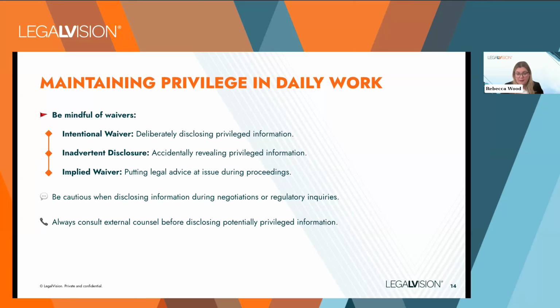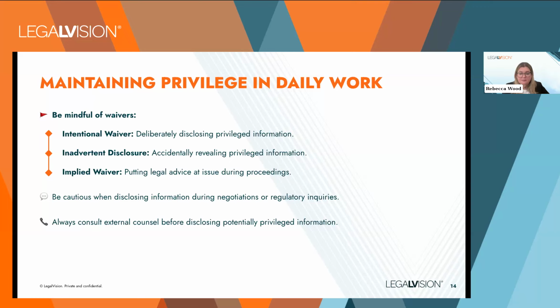So let's talk about waiver briefly. Privilege can be lost through intentional waiver, i.e. deliberately disclosing the privileged information; inadvertent disclosures, so that might be an accidental or unintended waiver of privilege; and an implied waiver. So that might be where the substance of the legal advice is in issue.